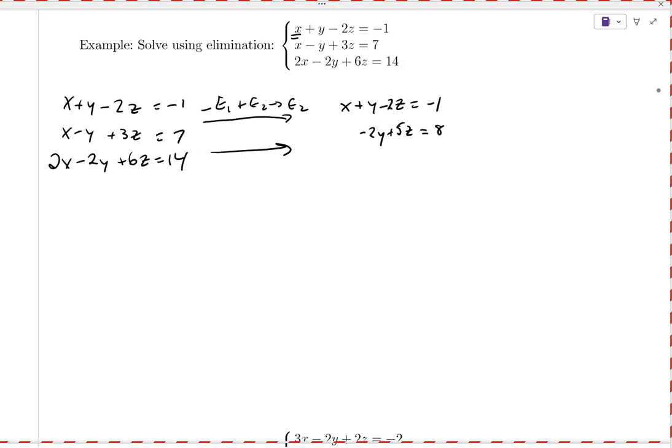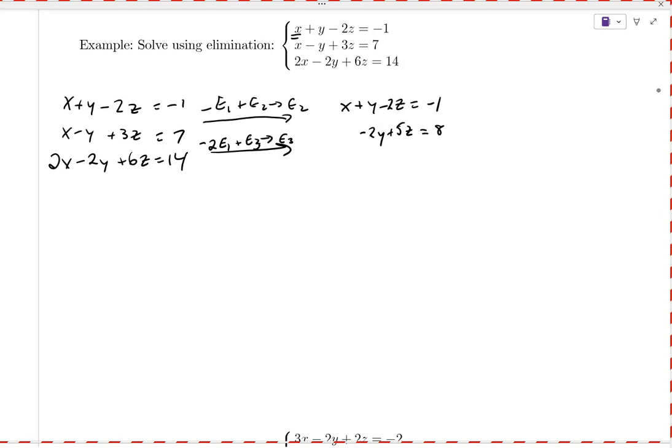So what do I need to multiply the x by so that when I add down, I get rid of the 2x? -2. Good. That's why we always want a 1 up in that upper left-hand corner. It makes our numbers work out nicer, right? I don't have to guess at what we should multiply by. All right. So we'll do -2 times equation 1 added to equation 3, and replace equation 3.